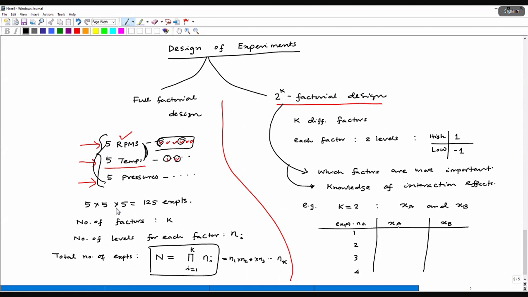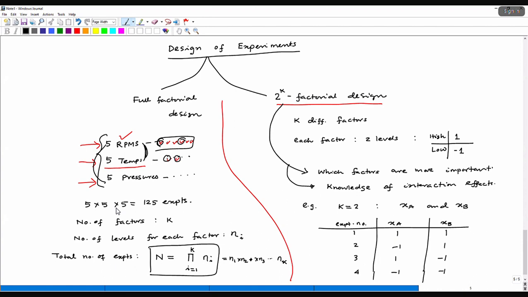So you have to do xa high value, xb high value, xa low value, xb high value, xa high value, xb low value, and both low values.